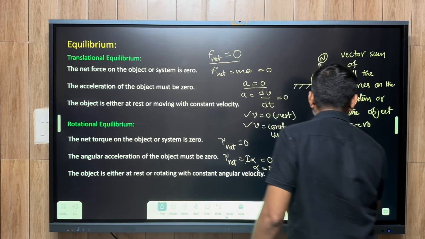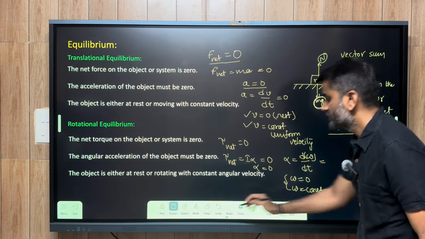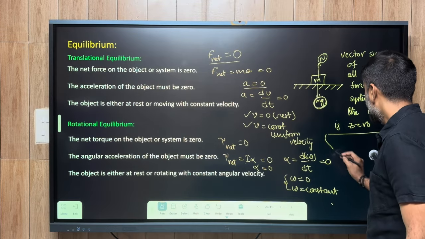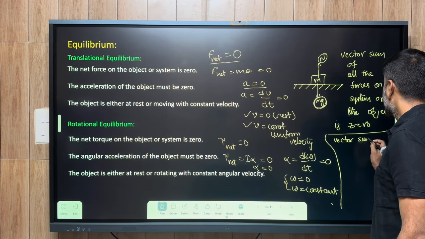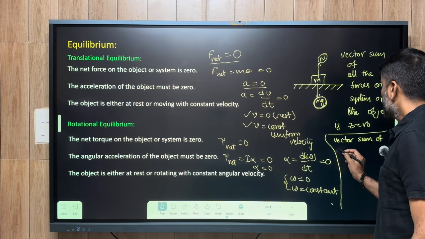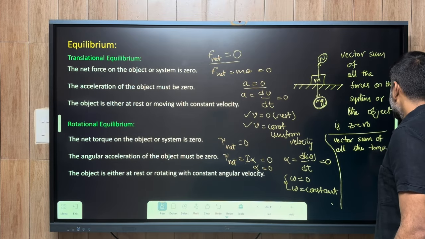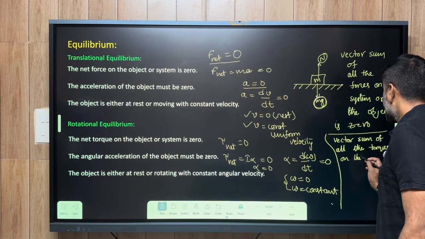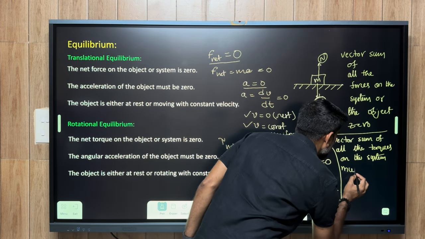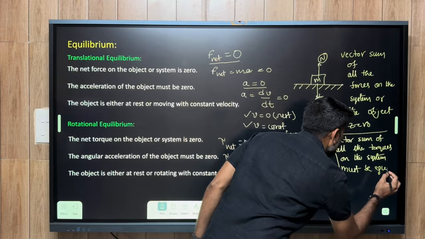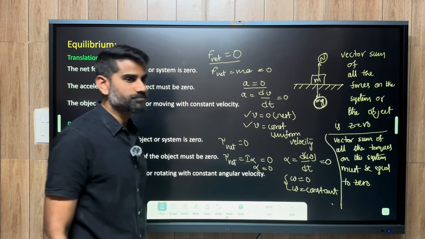In rotational equilibrium, we define this as the vector sum of all the torques on the system must be equal to 0.